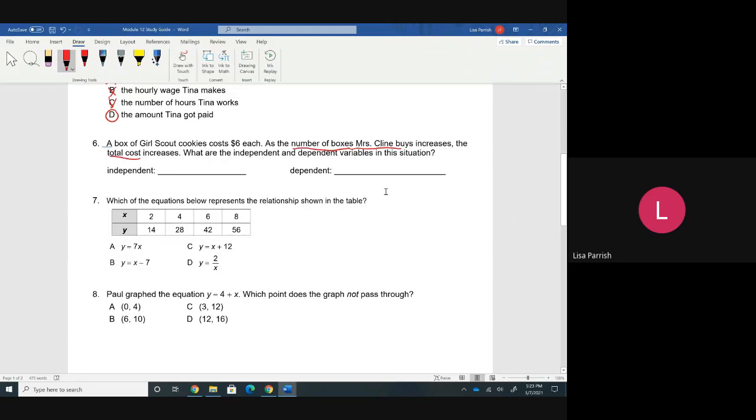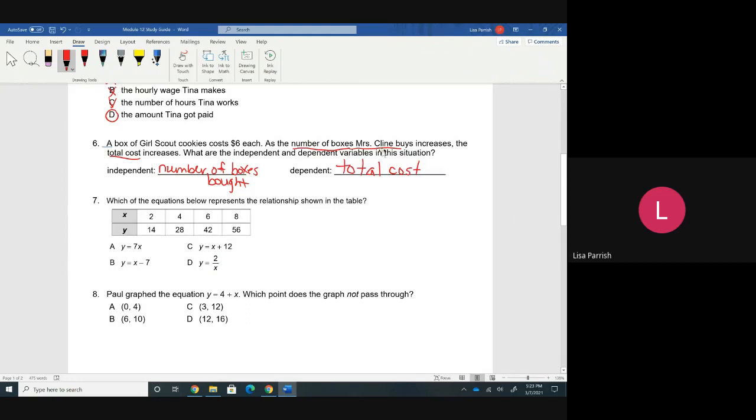So in this one, the number of boxes that Miss Klein bought is your independent, and the total cost is your dependent variable because the total cost of the cookies depends on how many she buys.